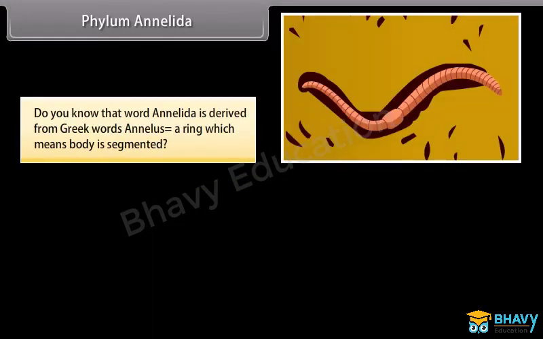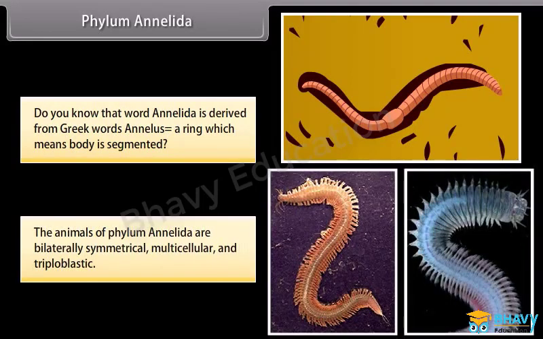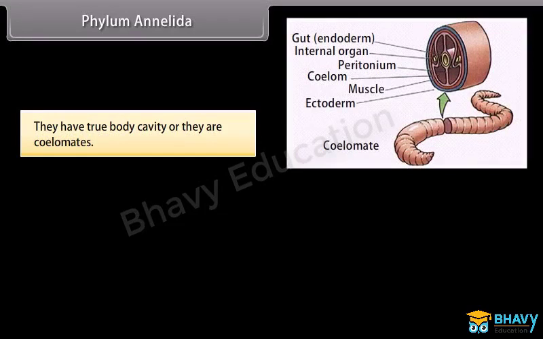Phylum Annelida. Do you know that the word Annelida is derived from the Greek word annelus, a ring, which means body is segmented. The animals of Phylum Annelida are bilaterally symmetrical, multicellular, and triploblastic. They have a true body cavity, or they are coelomates.